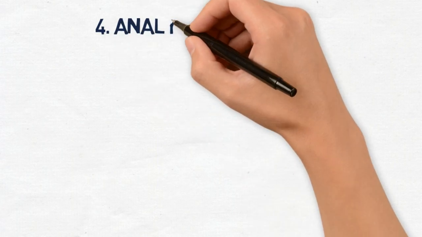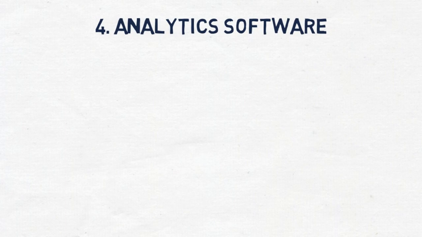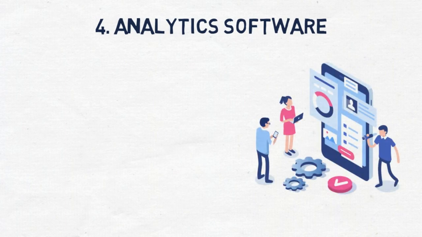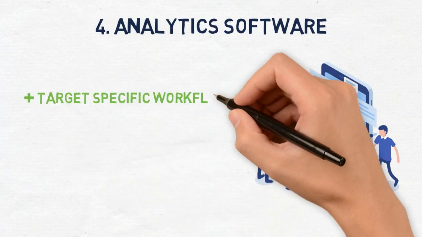The next way you can recruit users is by utilizing analytics softwares. You're probably familiar with analytics tools such as Amplitude, Pendo, Mixpanel, and Google Analytics. You can use these analytics softwares to recruit for specific actions taken by your customers. This can be very valuable for certain types of research.